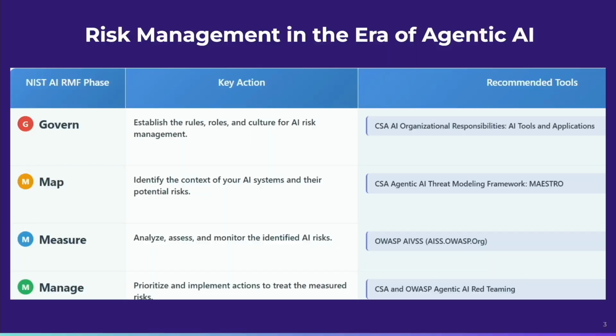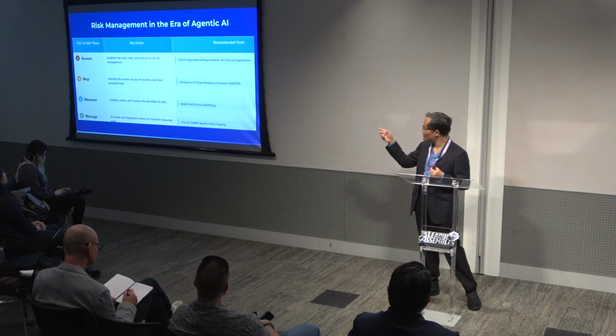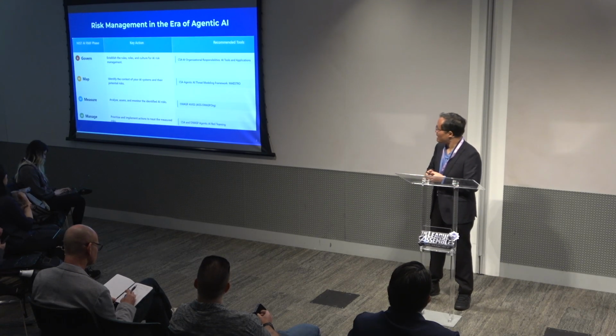There is also a high-level implementation guide. We then try to map to different frameworks, like the NIST AI RMF, OWASP, ISO, and the EU AI Act. That is the work we did.